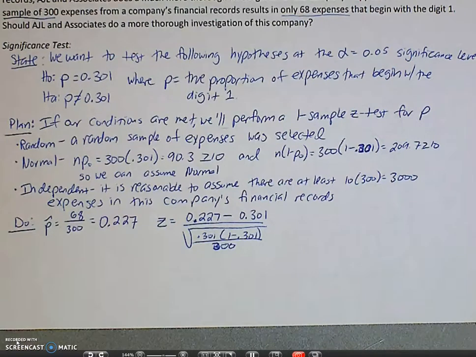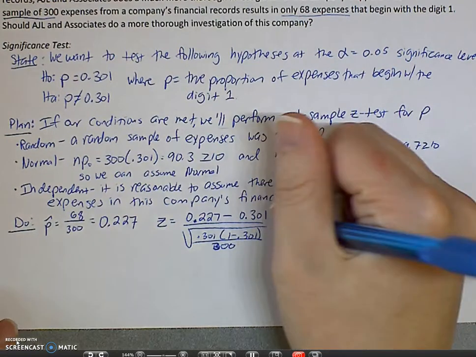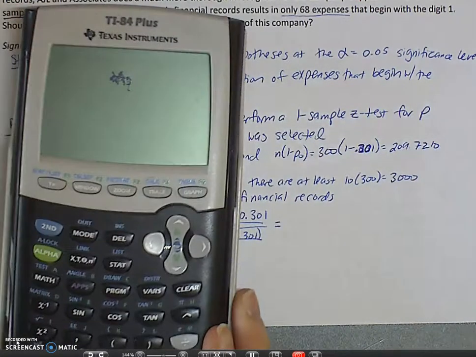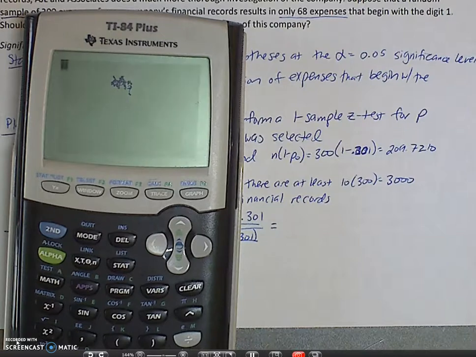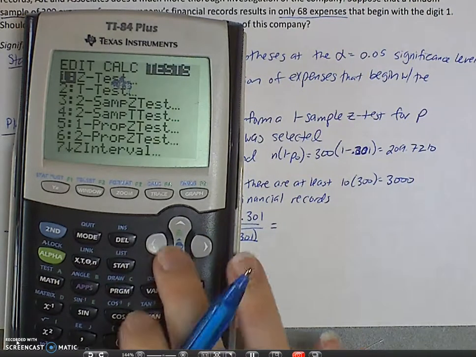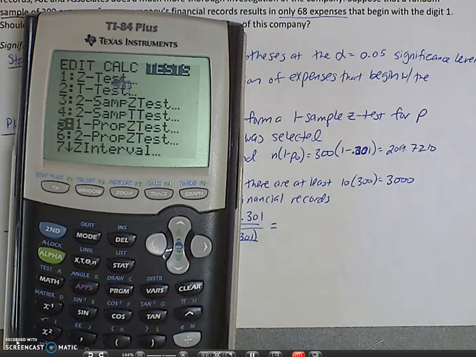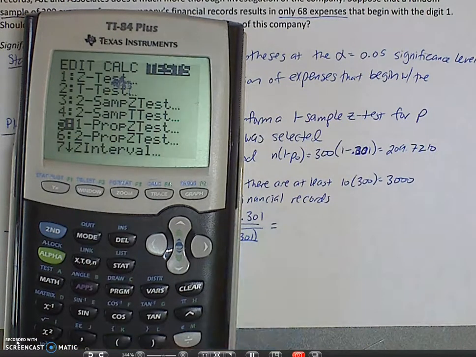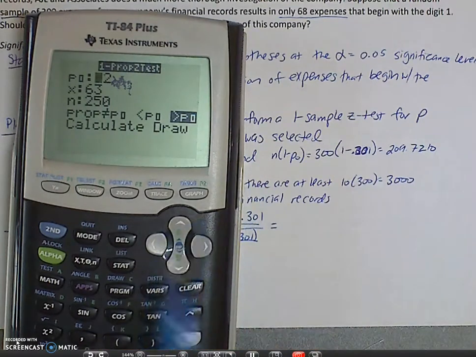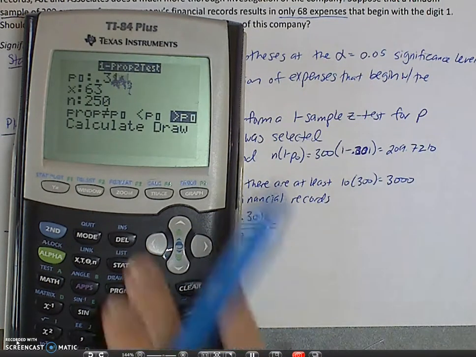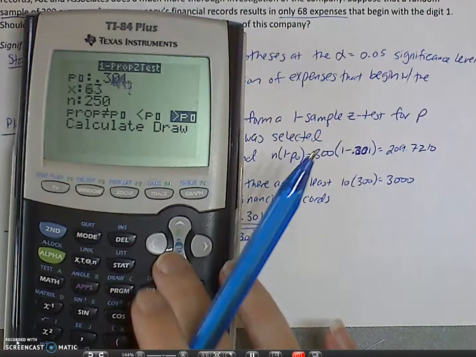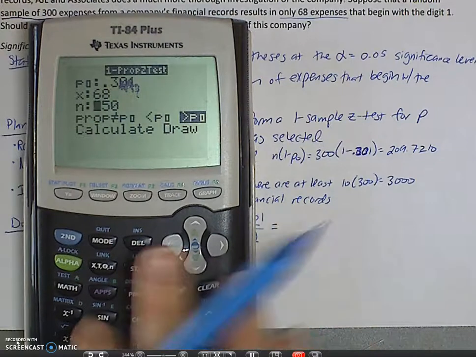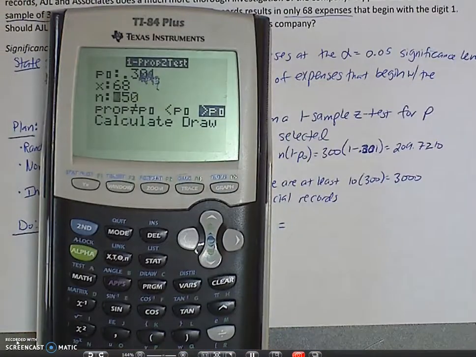Now, I'm going to go ahead and just put this information in my calculator. So I go to stat, I go to tests. Remember how we did this? We're picking option number 5. That's why the name is so important. So one sample proportion z-test. Our claim here was 0.301. X was 68. Sample size was 300.